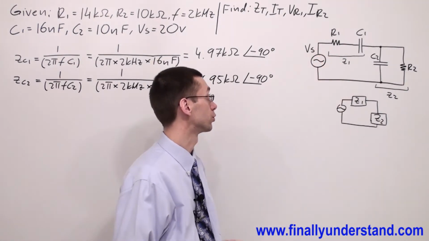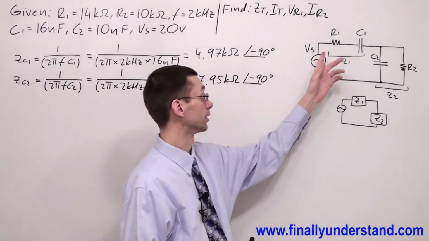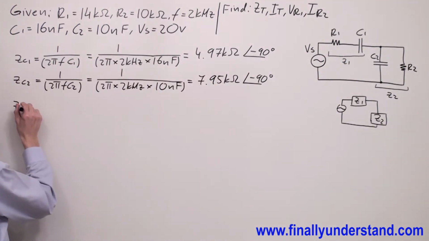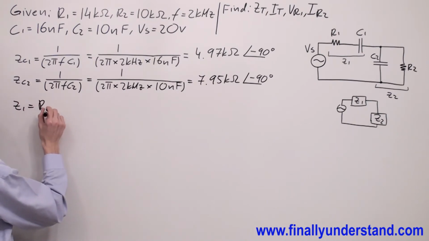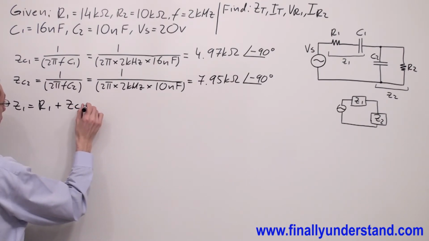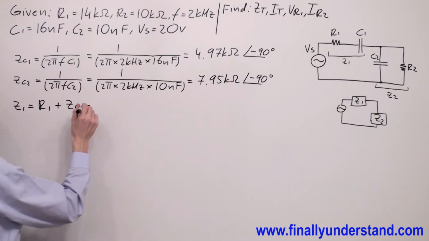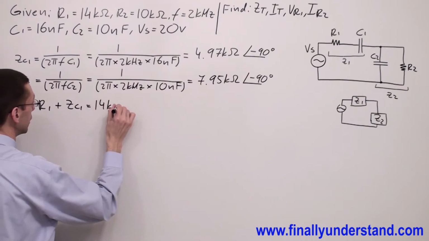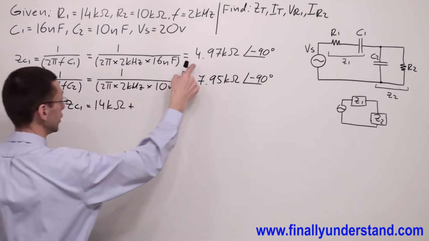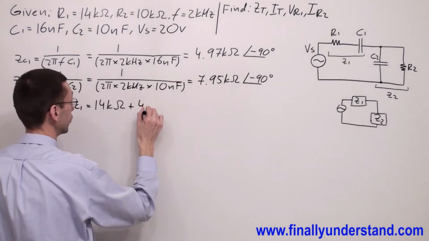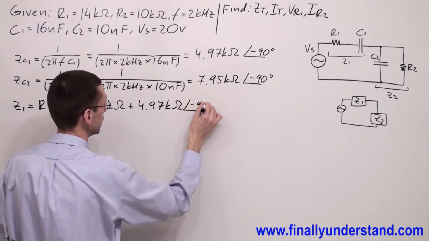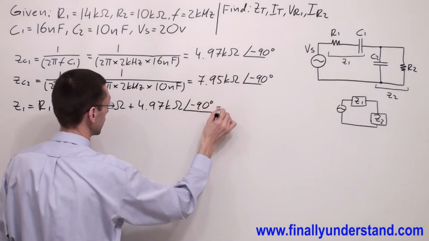Now we are ready to find the impedance Z1. So we're supposed to simply realize again that these two components are in series. That's why I'm going to write that Z1 is equal to R1 plus ZC1, where R1 is equal to 14 kilo ohms plus the impedance of capacitor 1, which is equal to 4.97 kilo ohms and angle of negative 90 degrees.